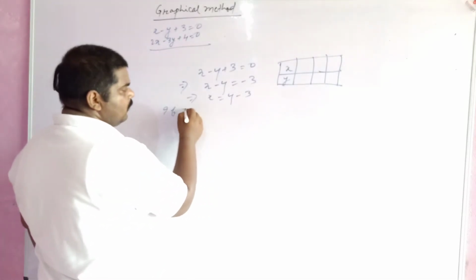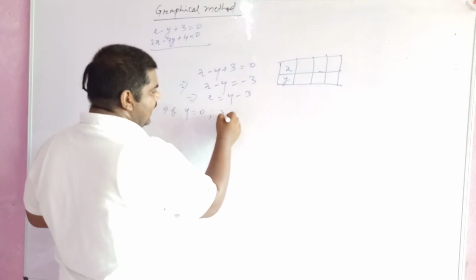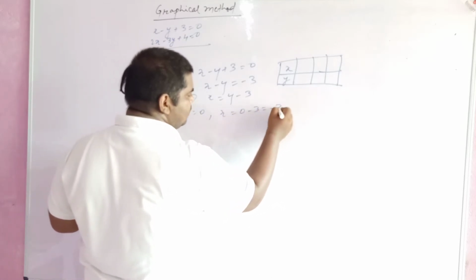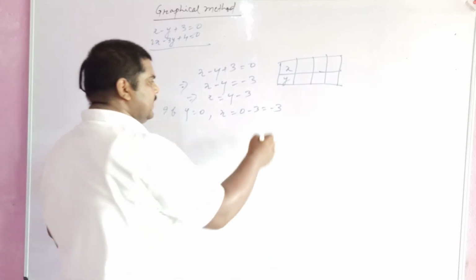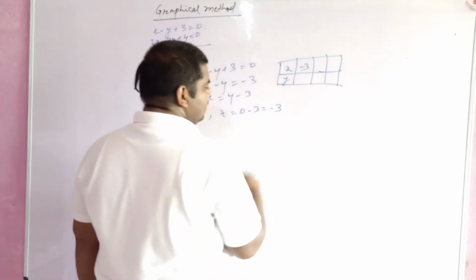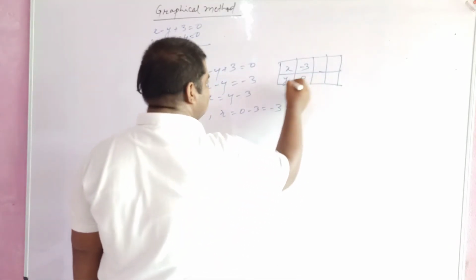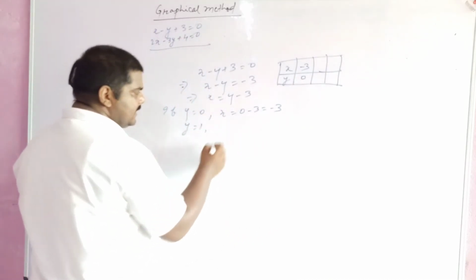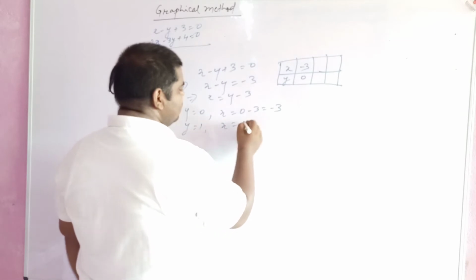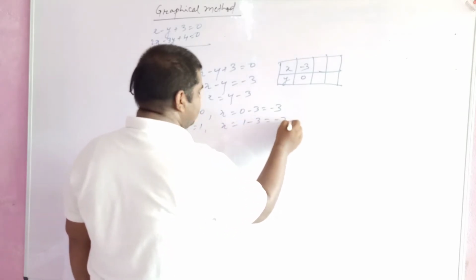Now if y is equal to 0, x is equal to 0 minus 3, which is minus 3. So the first ordered pair of coordinates is x equal to minus 3 and y equal to 0. If y is equal to 1 is taken, x is equal to 1 minus 3, that is minus 2.